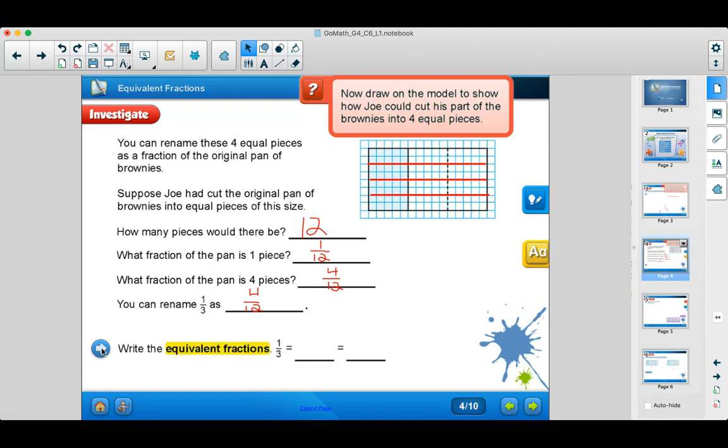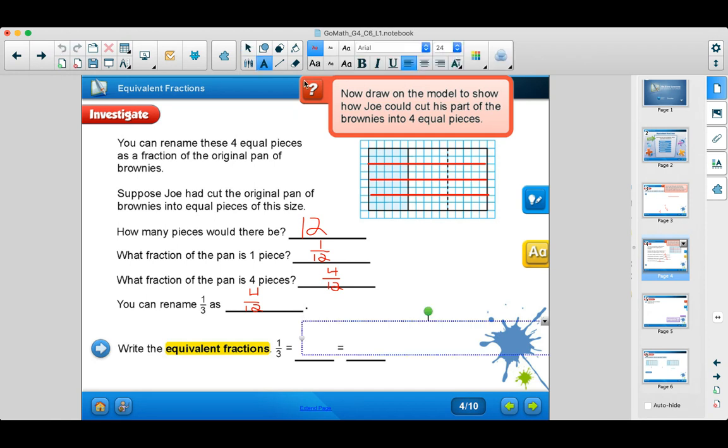So therefore, 1/3 is equivalent to, let's write this, 4 twelfths.